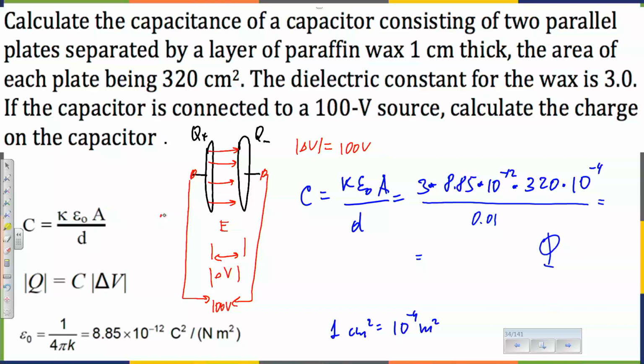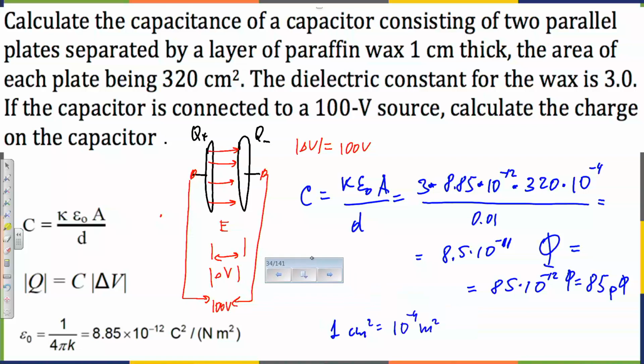Please, anyone, tell me the number, 3 times 8.85, etc. Negative 11 farads. 85 times 10 to the negative 12, that's, I would expect to be the answer, picofarads. People usually convert powers of 10 into corresponding prefixes. Nano means negative 9, pico means negative 12.